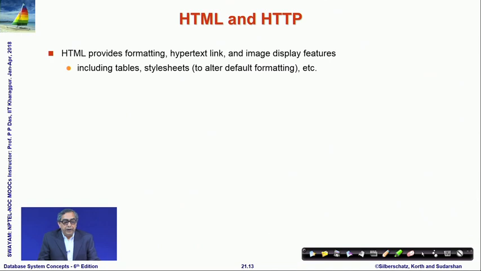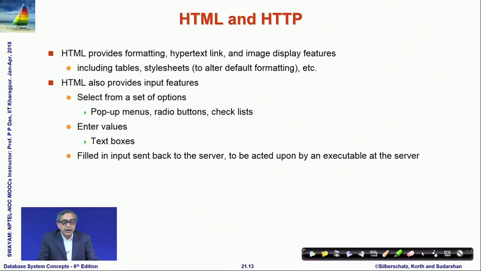So, we know by now that HTML provides the formatting, the hypertext links, images and so on, and HTTP provides the protocol through which the contents are exchanged between different machines in the internet. You can select from a set of options in terms of HTML, pop-up menus, radio buttons, check boxes and so on.